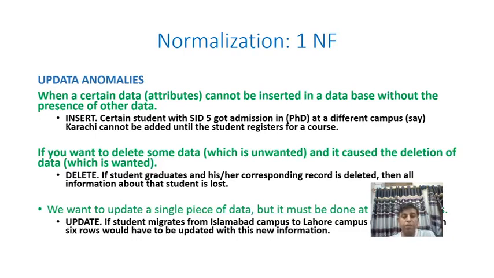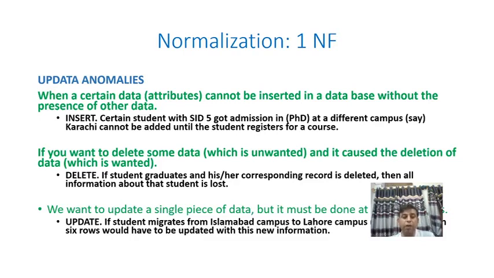For example, if a student graduates and his or her corresponding record is deleted, then all information about that student is lost. If there is a student who has completed his graduation and we want to omit his name from the attendance register, but if we omit his name from the current attendance register, his other data that essentially needs to be retained in the record is also lost.